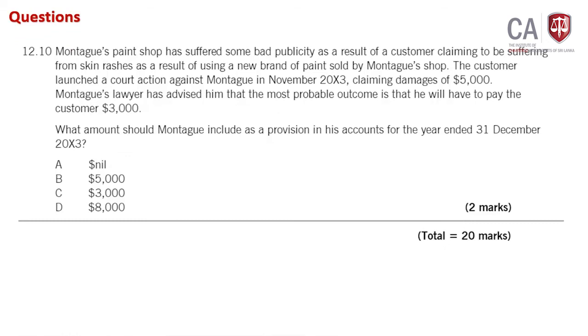Last question. Montage Paint Shop has suffered some bad publicity as a result of a customer claiming to be suffering from skin rashes as a result of using the new brand of paint sold by this company. The customer launched a court case against the company in 2013, claiming damages of $5,000.